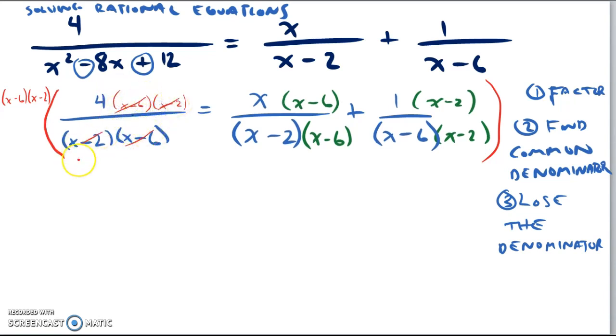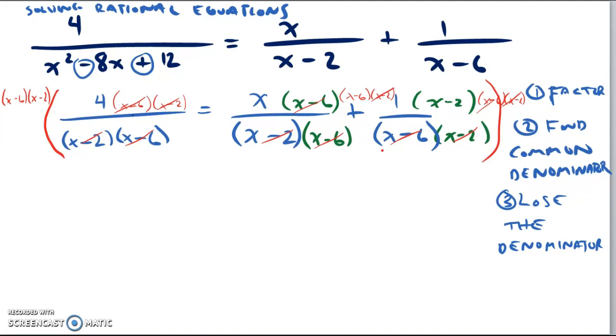And over here, we're going to multiply this by x minus 6, x minus 2, x minus 2, and cancel, and the same is going to happen here, x minus 6. Sorry, I'm running out of room. But anyway, they're going to cancel.